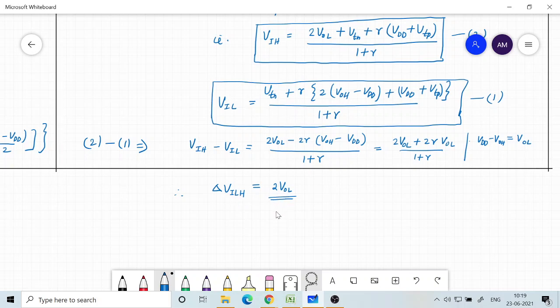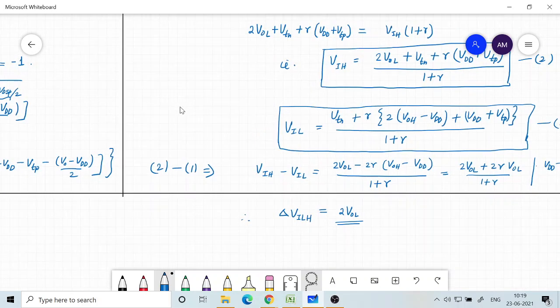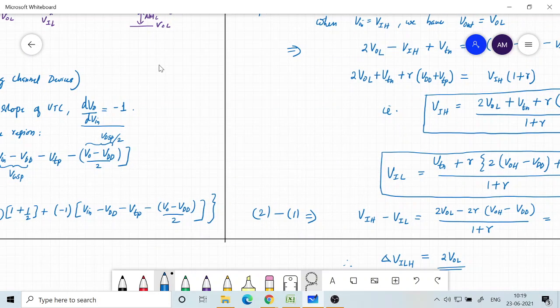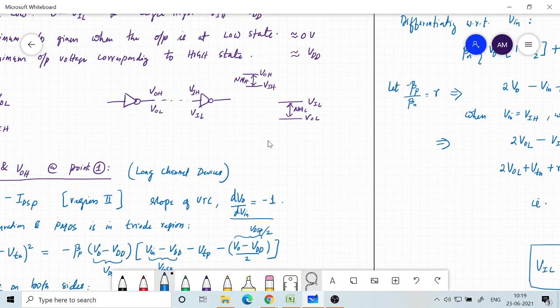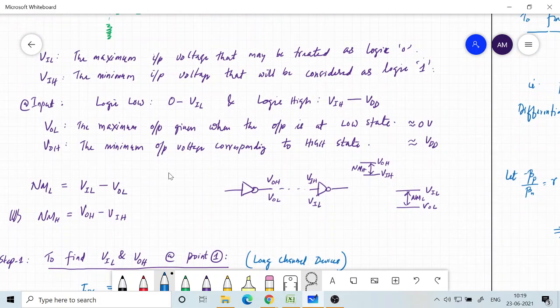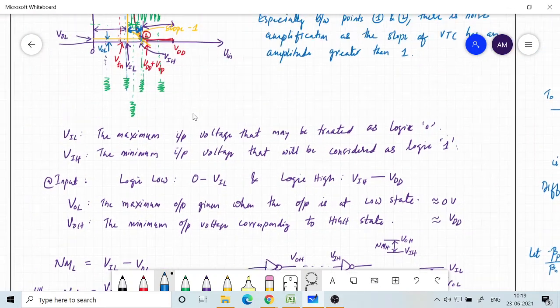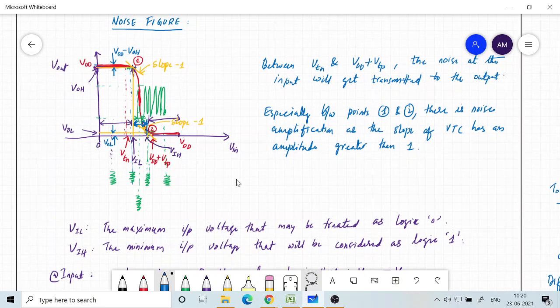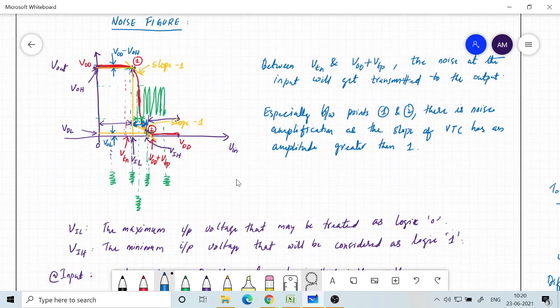Okay, so for verification of these equations, you have to take zero channel length modulation. That means you have to put lambda in the SPICE model as 0, then only you will get a long channel MOSFET. Okay, and all the short channel effects you can avoid. You can put them 0.